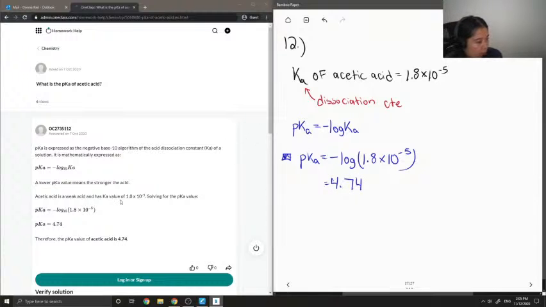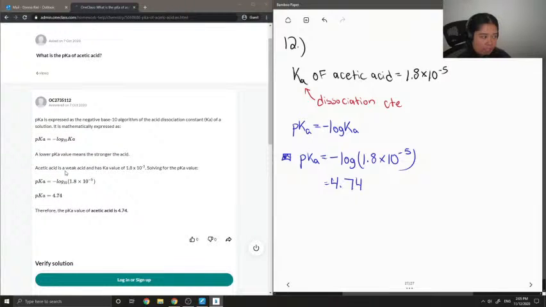Let's see what our junior tutor said. pKa is expressed as the negative base 10 logarithm, yeah, technically, of the acid dissociation constant Ka of a solution. It is mathematically expressed as pKa is equal to negative log 10 Ka. Lower pKa value means the stronger the acid.